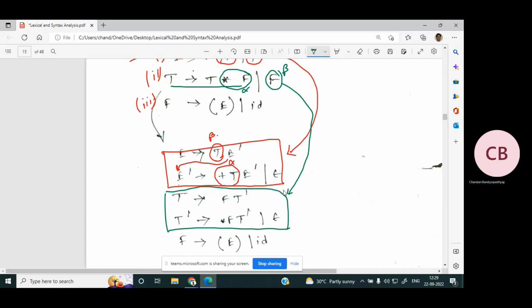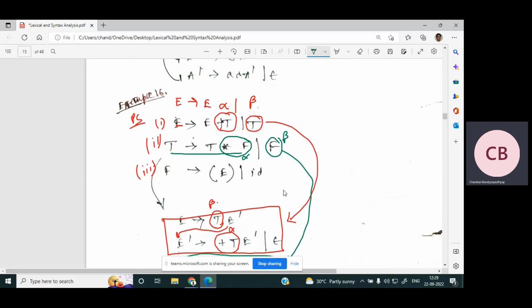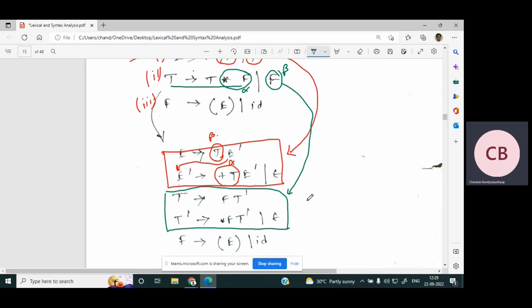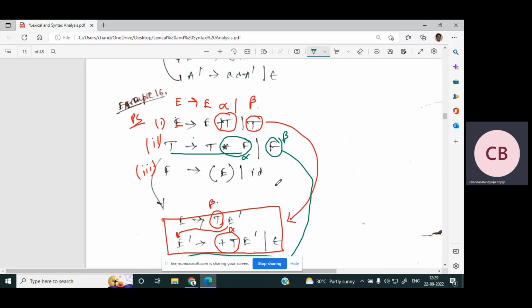Now, here you can check this F T', whatever I am doing here. This is a production where I have removed the left recursive part, and for the second production also I have removed it. So both the problems we have mitigated.